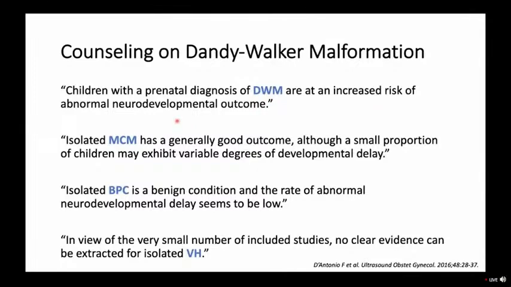High chromosome risk, high ventriculomegaly risk, high shunt risk, and poor childhood outcome in school. Megacisterna magna, though, has a good outcome. Blake's pouch cyst is pretty much a benign condition. And while there's not a lot of evidence, in general we feel that vermian hypoplasia has a good prognosis.